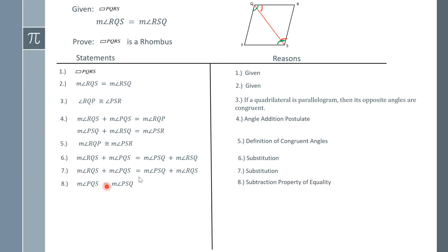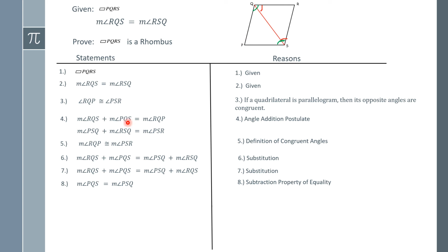So where are we at right now with this problem? So we've got RQS right here. RQS is congruent to RSQ. So that was our given. So those two red marks were our given. Now this tells me that PQS is congruent to PSQ.